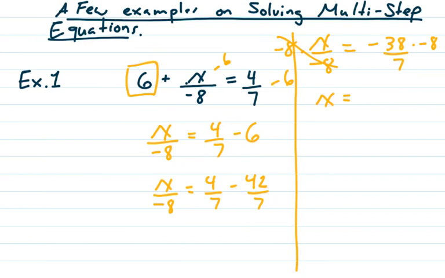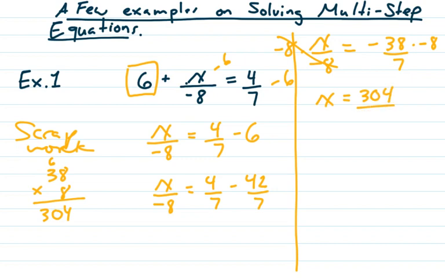So we know it's going to be a positive number, but let's just do this little scrap work over here. Well, 8 times 8 is 64. 8 times 3 is 24. Plus 6 is 30. Okay, so this is 304 over 7.